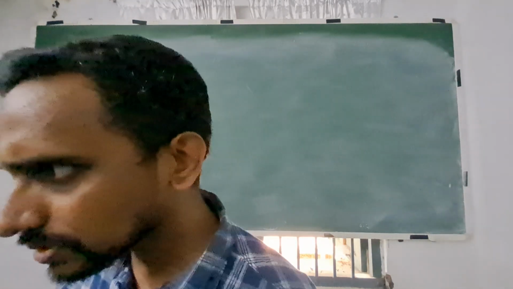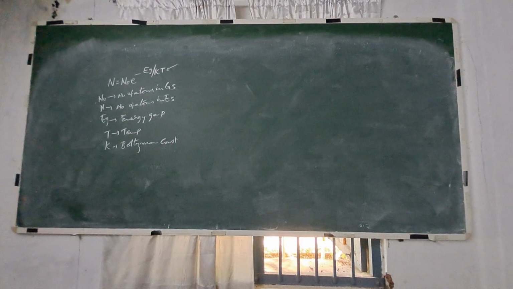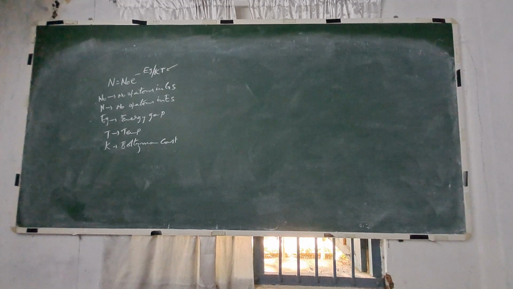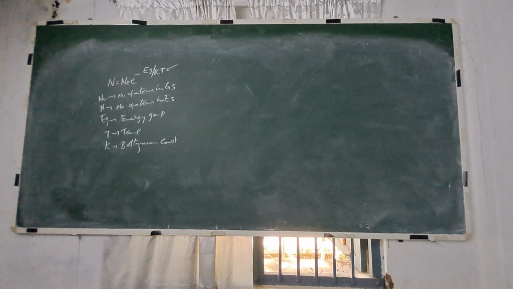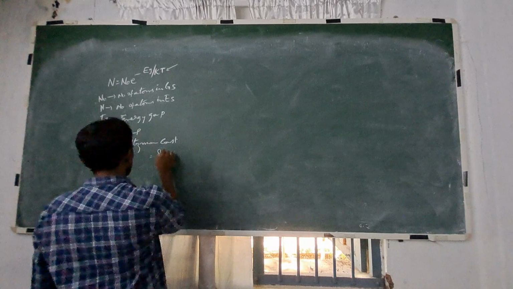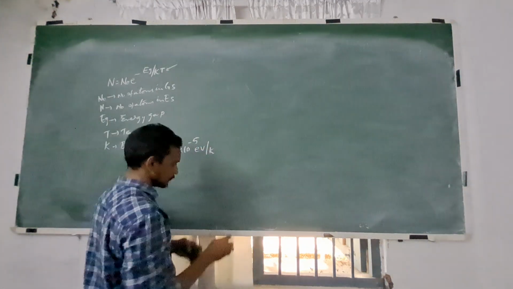Search the Wikipedia page. It is about 8.6 into 10 power minus 5 electron volts per Kelvin.